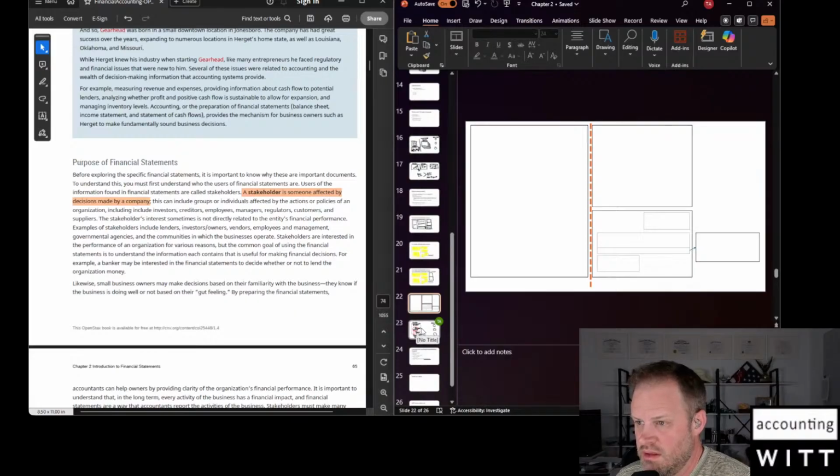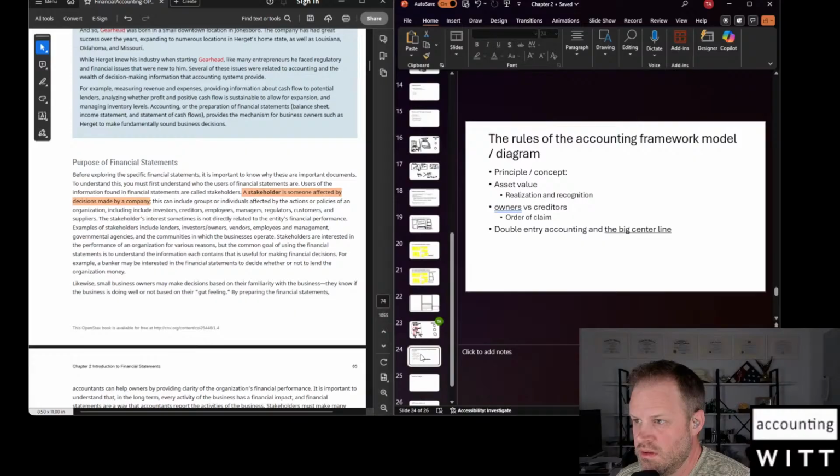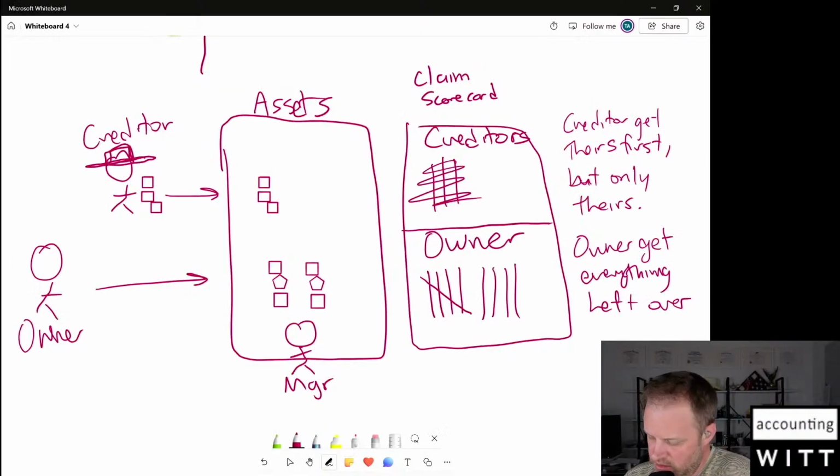And in order to teach this picture, we've got to somehow convey the idea of assets, owners, and creditors in the order of claim, and then how the scorecard works. So let's go back and do this again. We're going to tell a story that illustrates this concept. So I'm going to try it again.